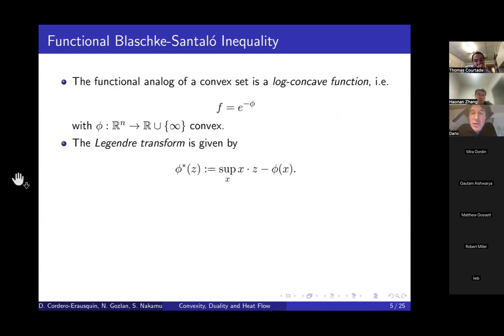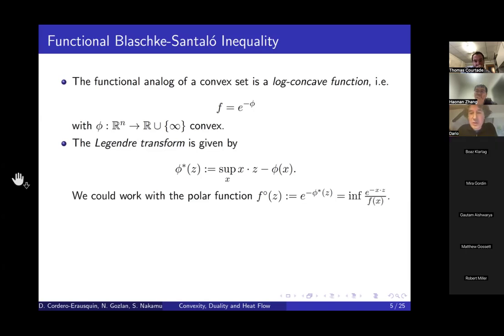You can define the Legendre transform, which gives you the duality for the convex functions, which is the supremum over all x of x dot z minus phi of x.